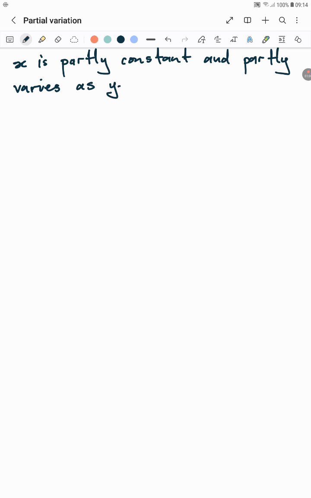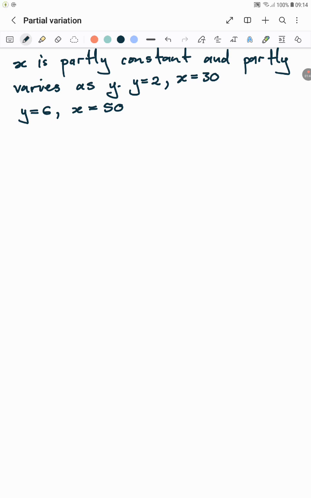Okay, and then it says when y is equal to 2, x is equal to 30, and when y is equal to 6, x is equal to 50. So since it has got two constants, it means you can only solve it using simultaneous equations.